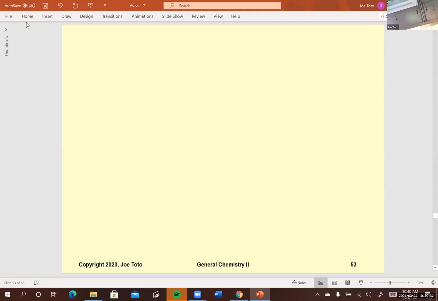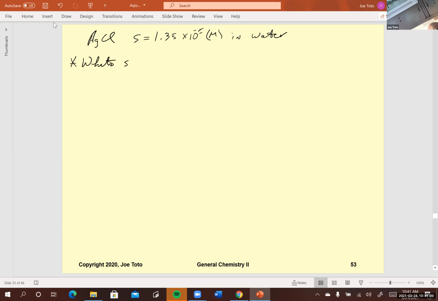So we know from a previous calculation that for silver chloride, the solubility we found was 1.35 times 10 to the minus fifth molar in pure water. So the question I'm going to pose now is what's the new solubility, what's S, in, I don't know, let's say 3.5 molar NH3.